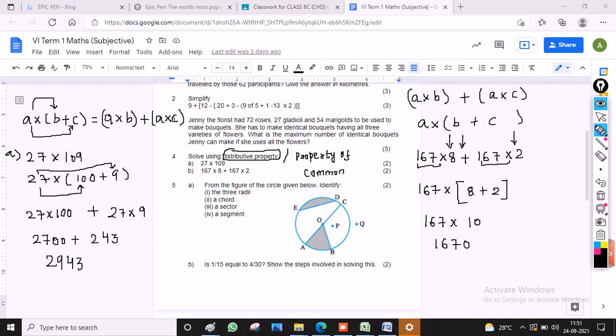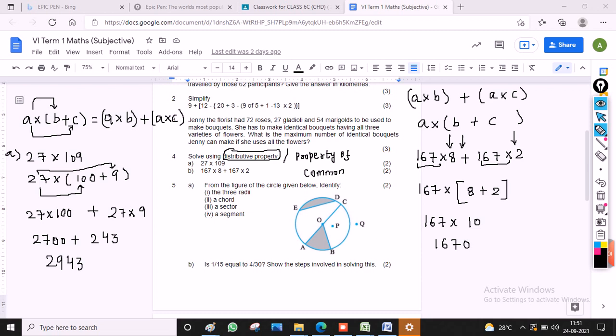So here we have to do three works, but you have to use distributive property. If you have done direct multiplication, it will not be accepted as a correct answer, right? You have to use this property of common to reach this answer.